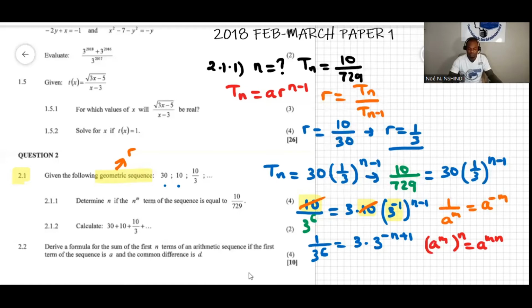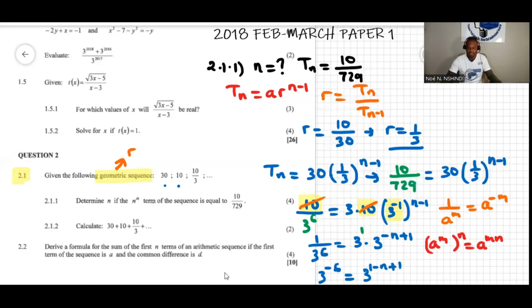I mean 3 to the power of negative 6, equal to, and then according to this second law, not that law, but I want you to notice that here is 3 to the power of 1, okay? So in this situation, we can just write 3 and then add the exponents. It's going to be 1 minus n plus 1.